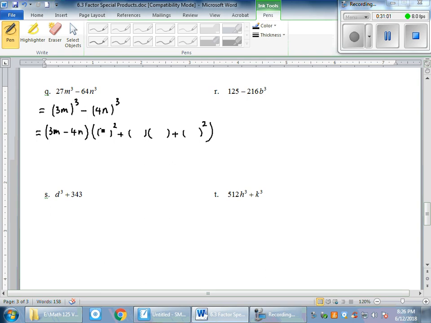So this will be 3m times 4n, and then 4n squared, which gives us 3m minus 4n times 9m squared plus 12mn plus 16n squared. And that would be my final answer.